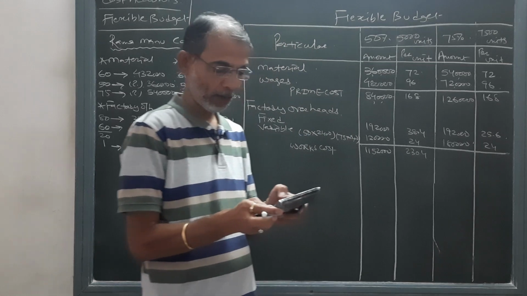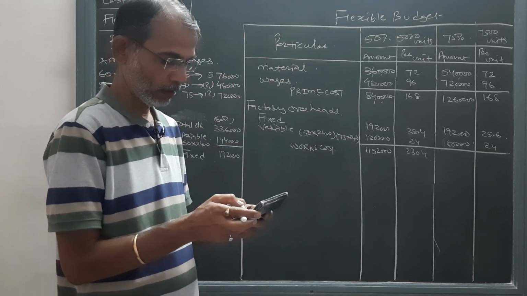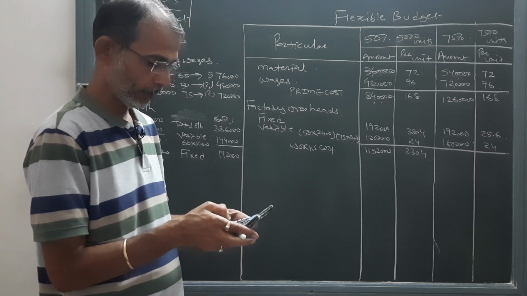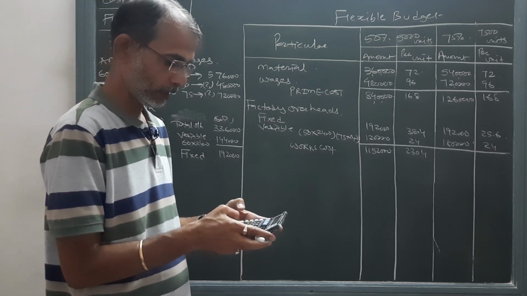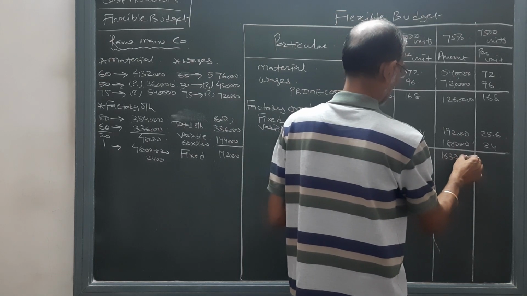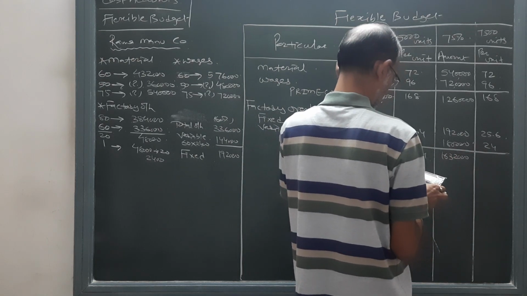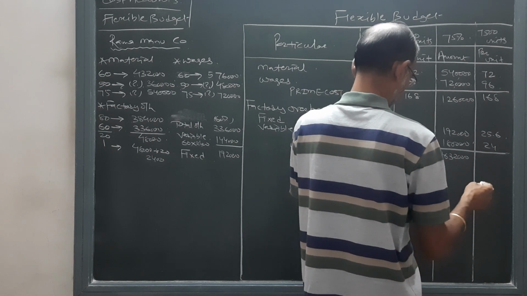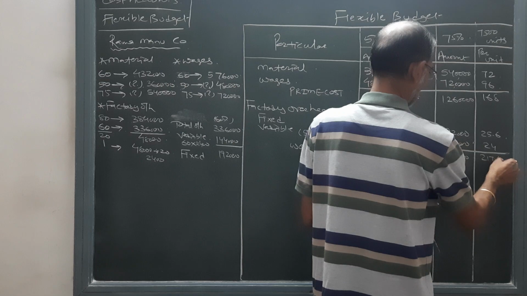And at 75% capacity, 12 lakh 60,000 plus 1 lakh 92,000 plus 1 lakh 80,000, 16 lakh 32,000, and 168 plus 25.6 plus 24, 217.6.